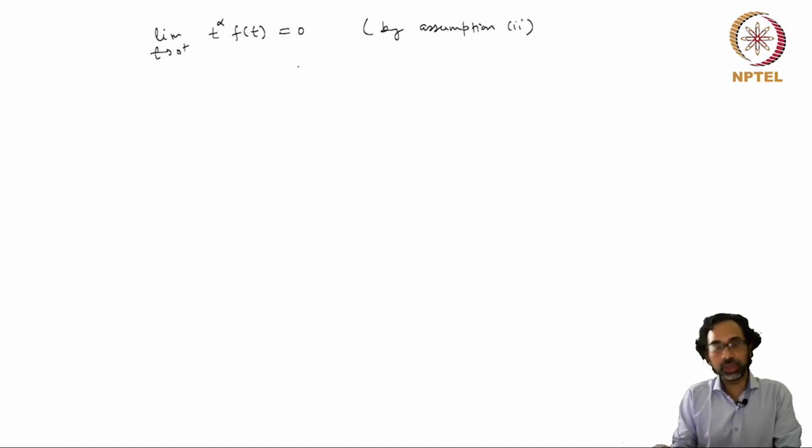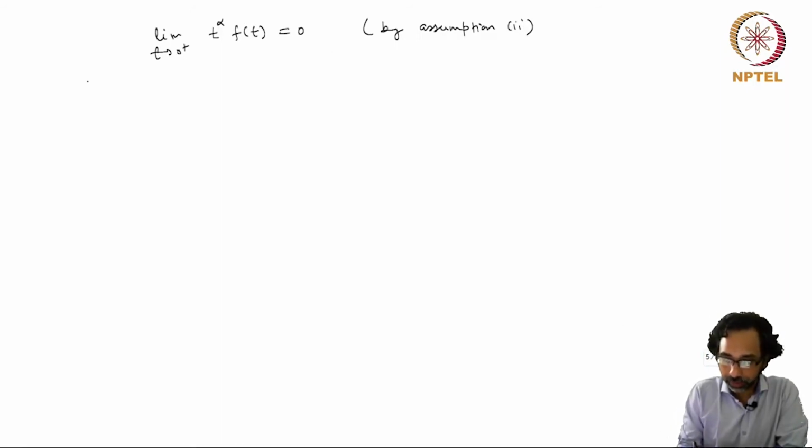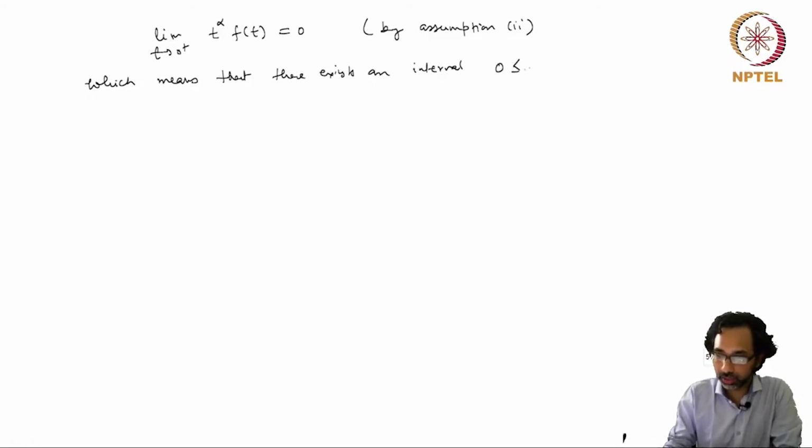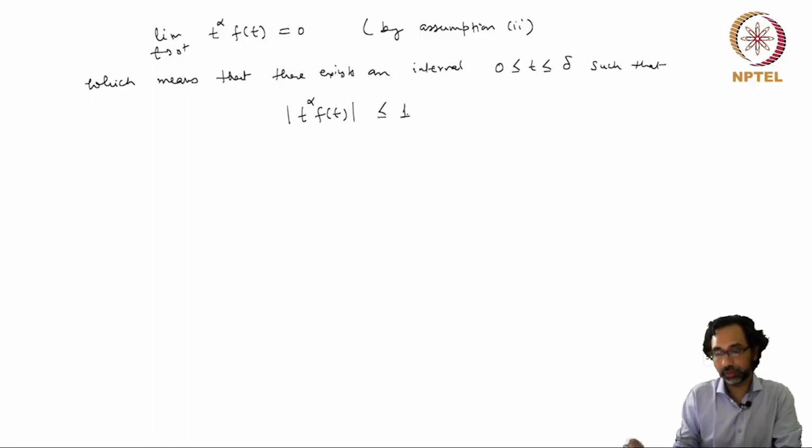We know that this limit goes to 0, which means that there exists an interval 0 less than t less than delta such that the modulus of t to the power alpha f(t) is less than or equal to 1.